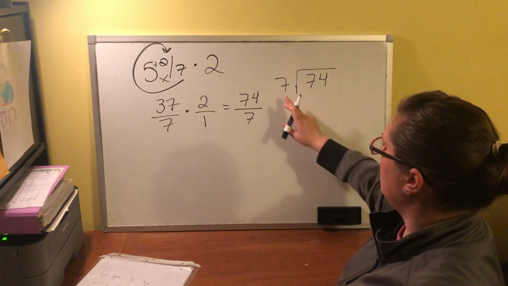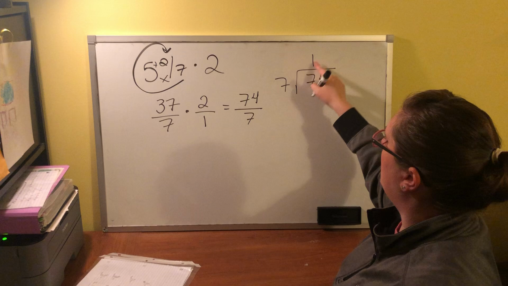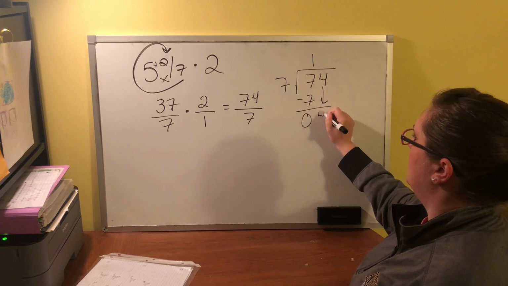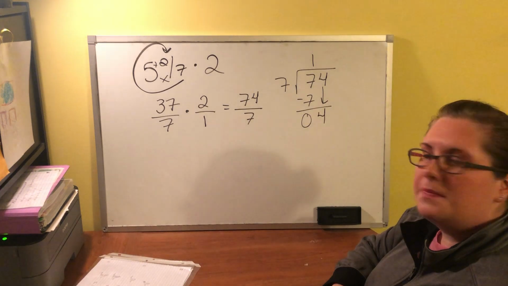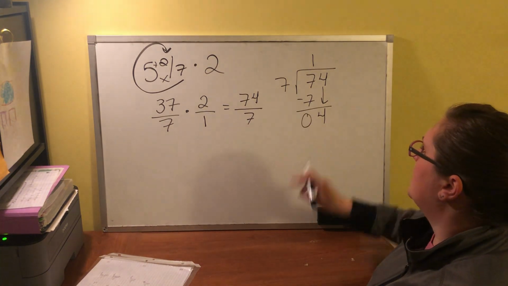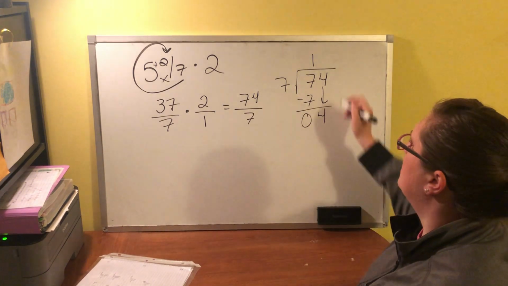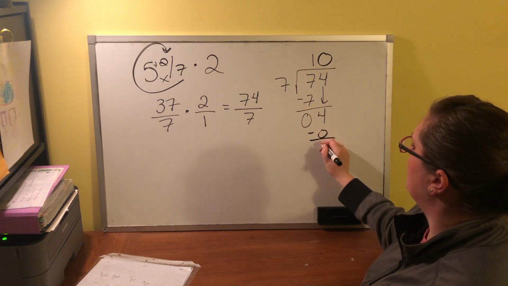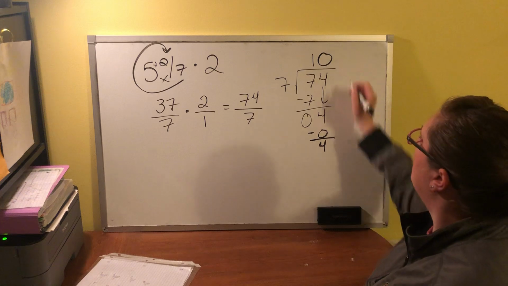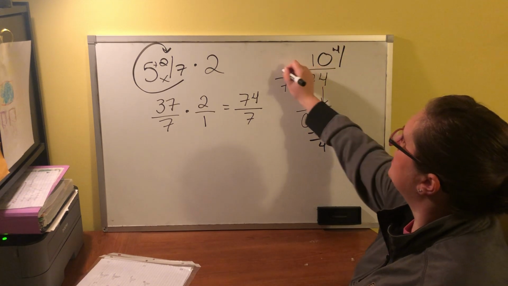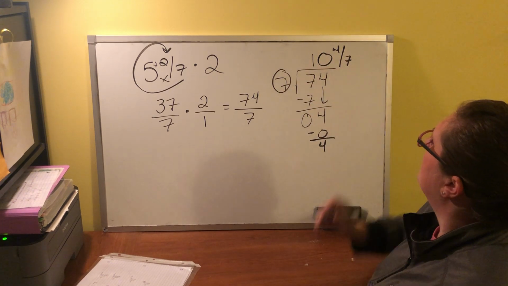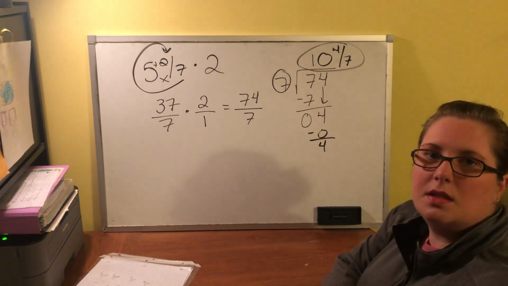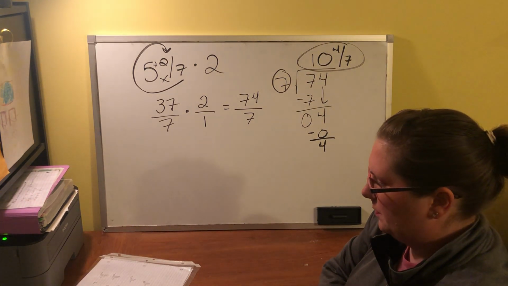Okay? 7 goes into 7 one time. 1 times 7 is 7. You subtract, you're left with 0. You bring down the 4, right? From here, 7 into 4 can't happen. We can't do it. So this becomes a 0. 0 times 7 is 0. So you're left with the remainder of 4. 4 becomes the numerator. 7, what you divided by, is the denominator. And 10 4/7 is your answer.